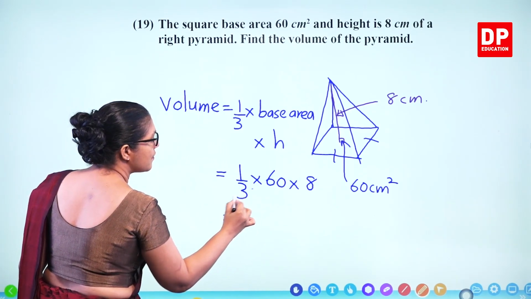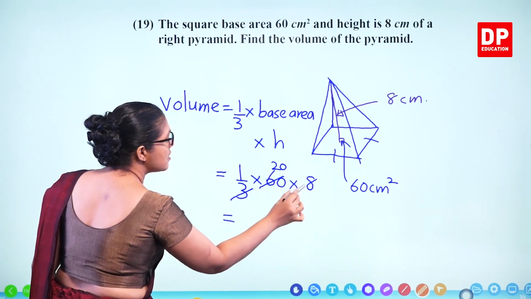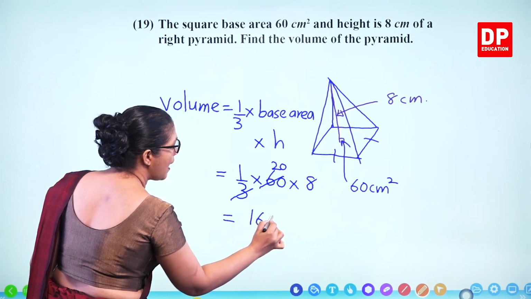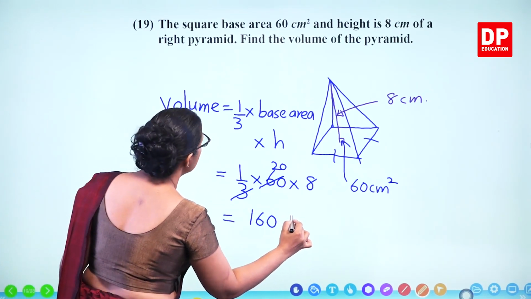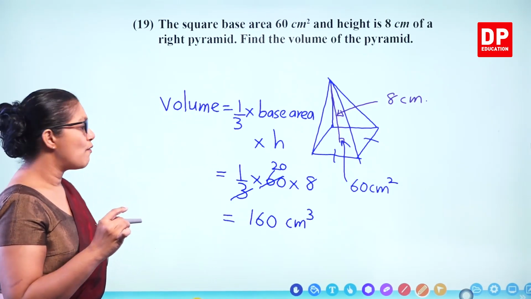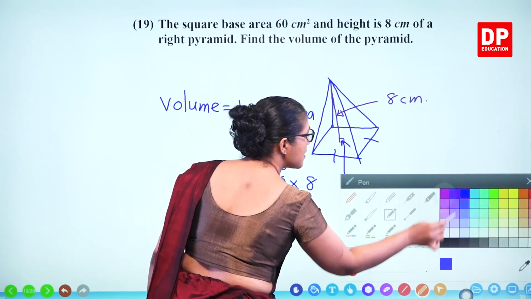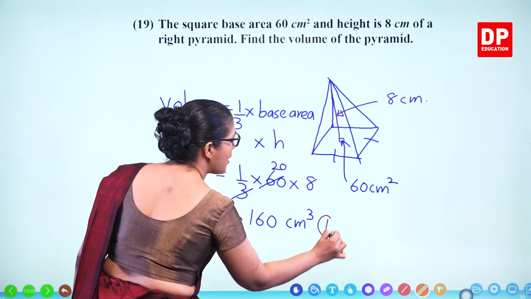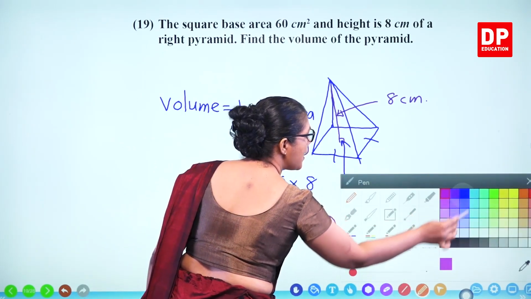So what do you get? 3 times 20. 20 times 8, you get 160 cubic centimeters. So this is the volume. So 160 cubic centimeters. So 2 marks. 1 mark for the answer and 1 mark for the method.